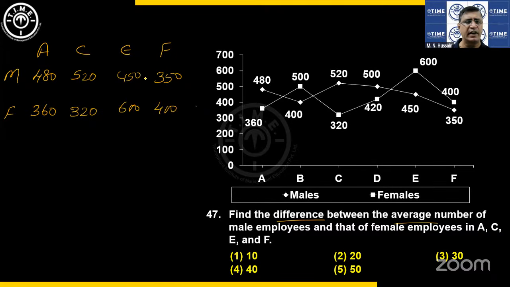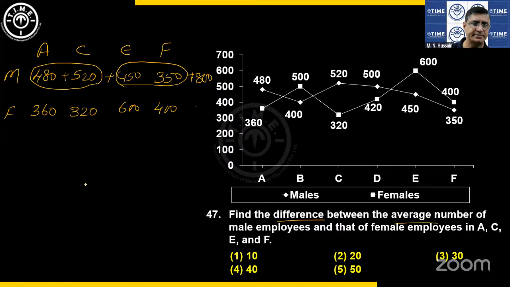Now, what is the sum of these values? Here, 450 plus 350, that is 800. And by adding these two, it is 1,000. So what is the result? 1,800. 350 plus 450, 800. 520 plus 480, that is 1,000. 1,000 plus 800.